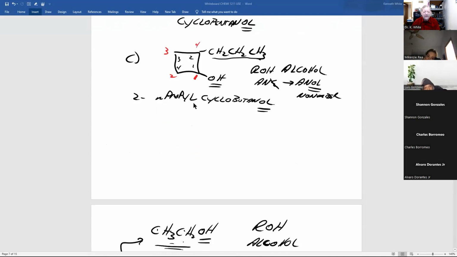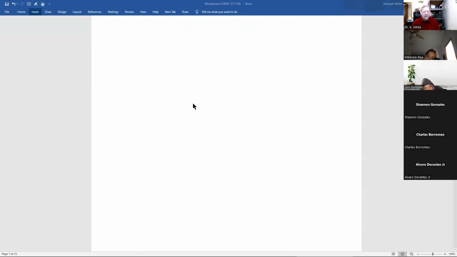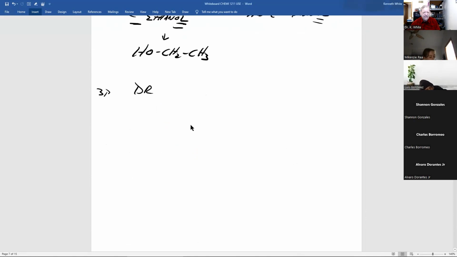All right, now, there are 2 types of nomenclature question, and one is give the IUPAC name. The other is draw the structure. Usually I do say structure.